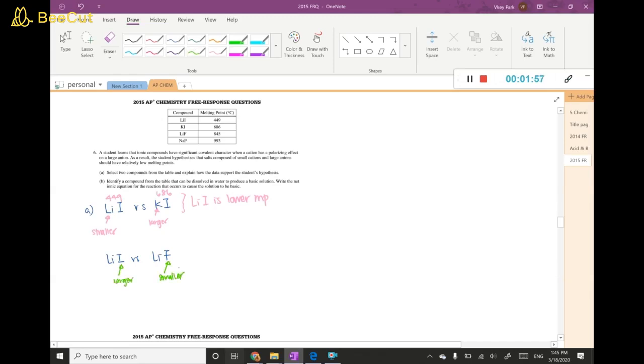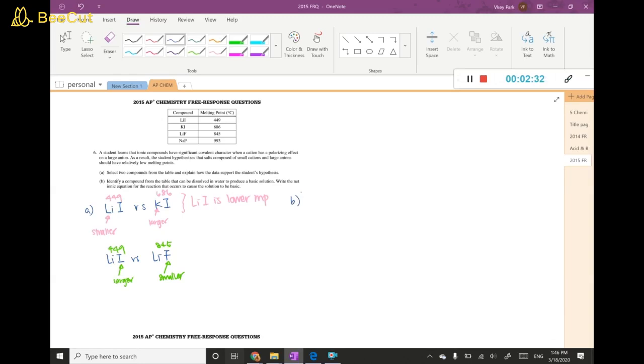And if we look at LiI, it's 449, and if we look at LiF, it's 845, and LiF is going to have a larger melting point, and LiI has a smaller melting point, and that's just because LiI has a larger anion. Okay, so do you see? You can actually create any combination of any one of these to explain and justify the reasoning, okay?